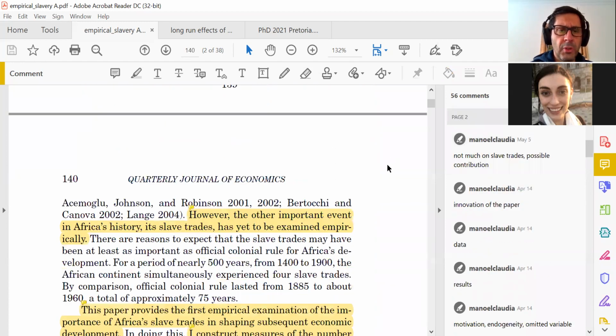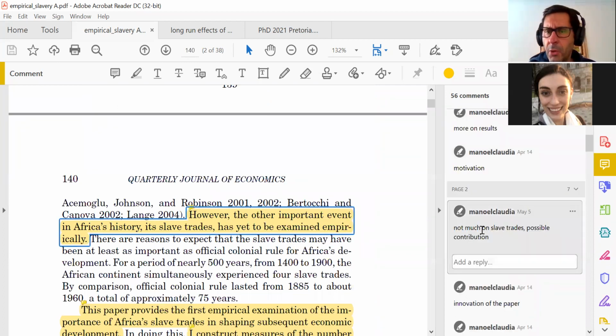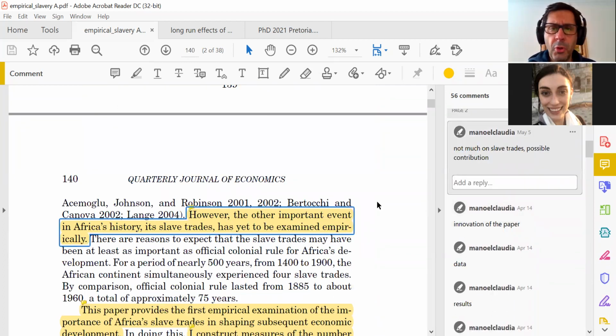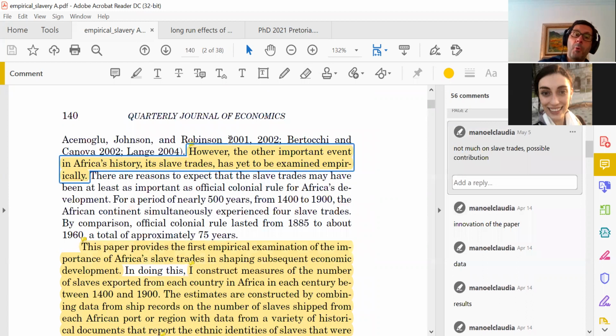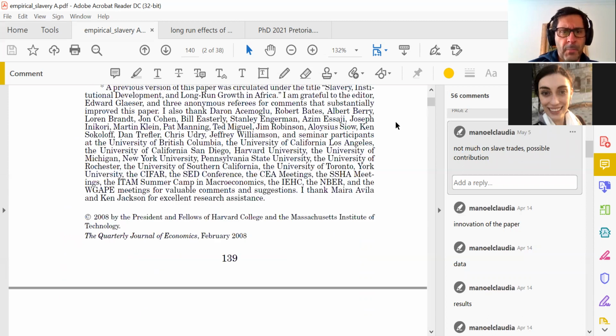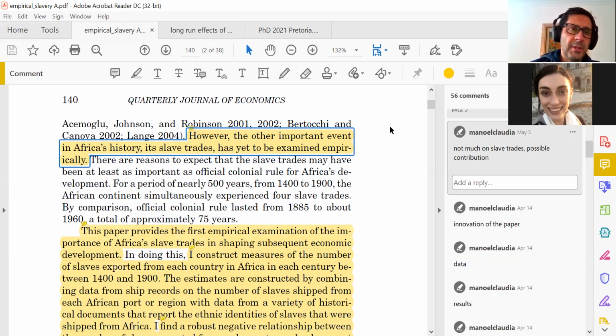What else did I find interesting? Not much on slave trades, possible contribution. However, the other important event in Africa's history, its slave trades, has yet to be examined empirically. So essentially, he's saying that up to that point in time, it's 2008, right? It was published in 2008, which means it was probably written in 2005, 2006.